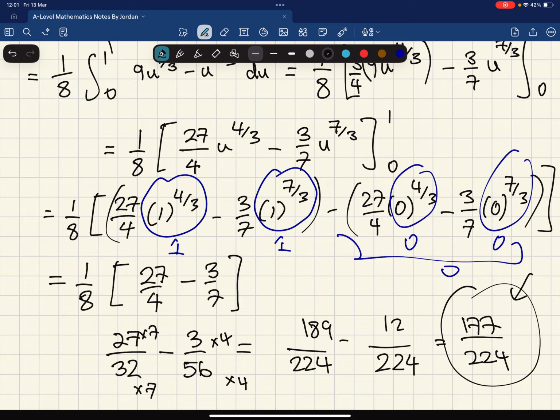If you was to write it as a decimal, you would get something pretty horrible. So I would probably stick with the fraction, okay?